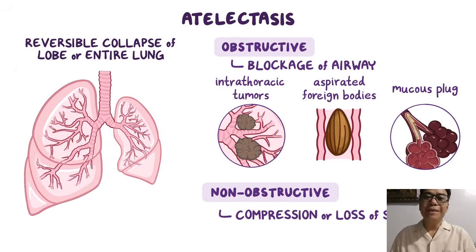Okay. So for our nursing interventions, first, what we need to do if ever the patient has atelectasis is to relieve the hypoxia. In doing so, what we need to do is frequent respiratory assessment. We also need to perform respiratory hygiene measures, meaning we need to tell them to do deep breathing exercises, or they could also do some coughing exercises. We're doing those things to promote lung expansion.